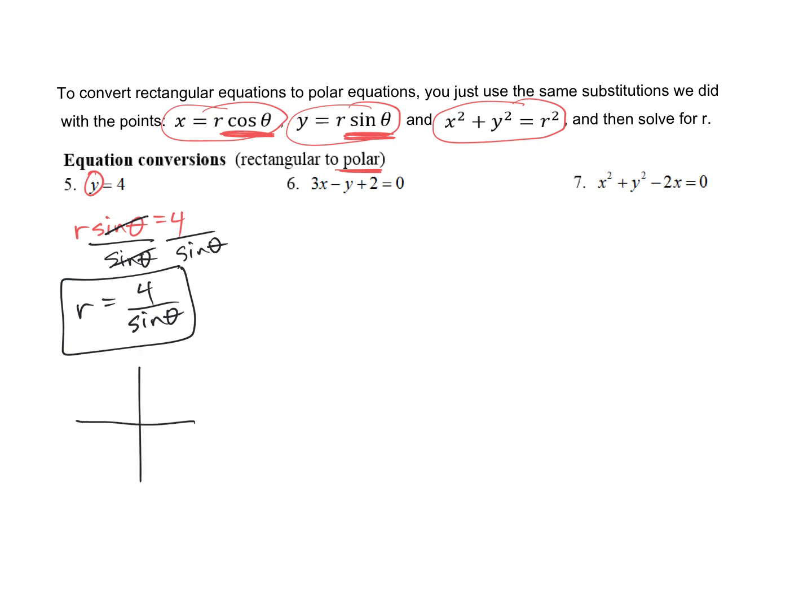Yeah, there is no polar coordinate grid on there. It still looks rectangular, but you've got to envision that there are all of these invisible circles on there. It actually looks like this straight line here. That's because it was y equals 4, right? So this is basically y equals 4 in polar equation.